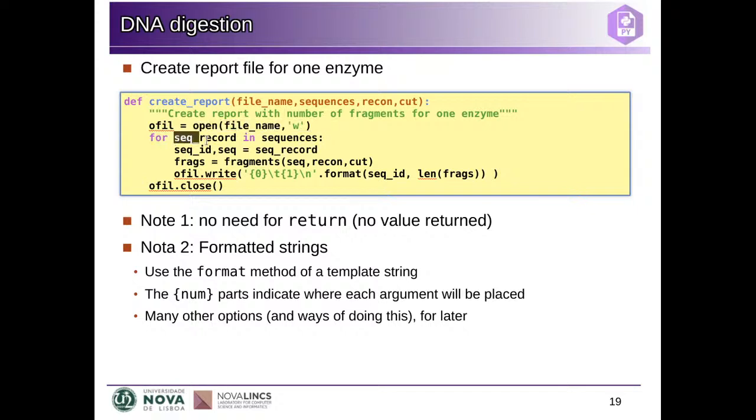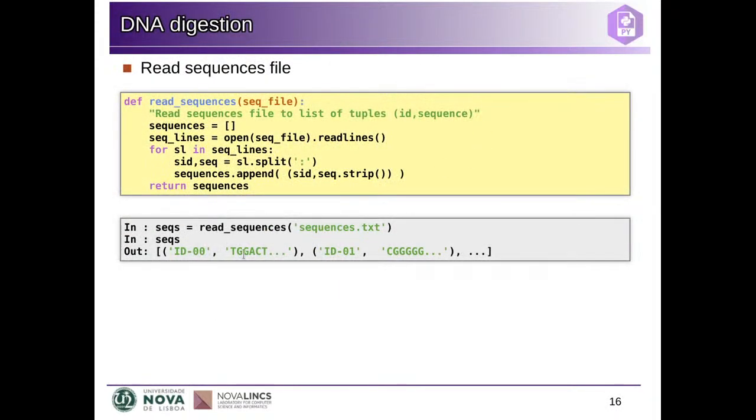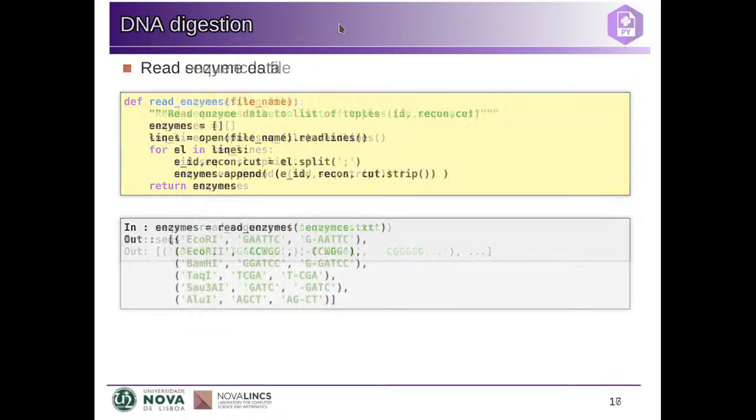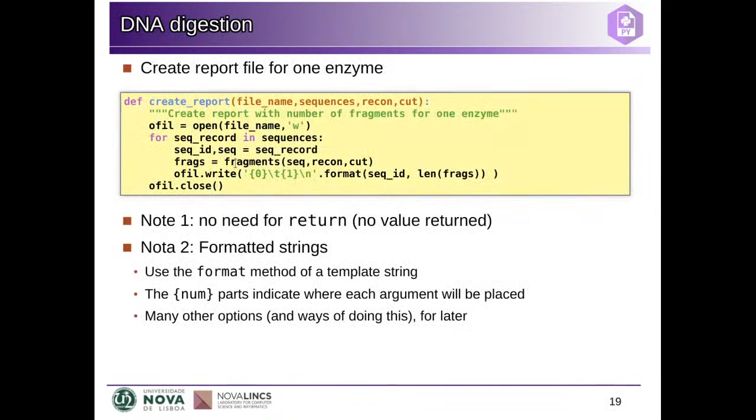And now for each sequence that we have here, so this sequence record is a tuple, these tuples that we have here with the identifier and the actual sequence. For each of these, we can unpack it into sequence ID and the sequence. We can actually do this in one line too, but this may make it easier to understand at this stage.